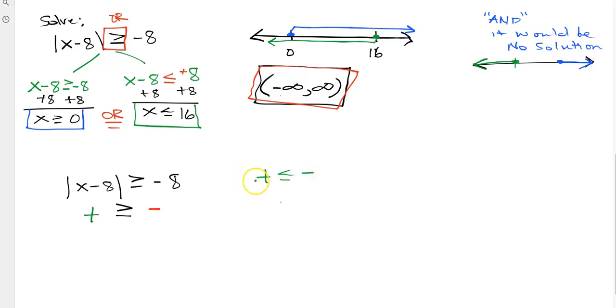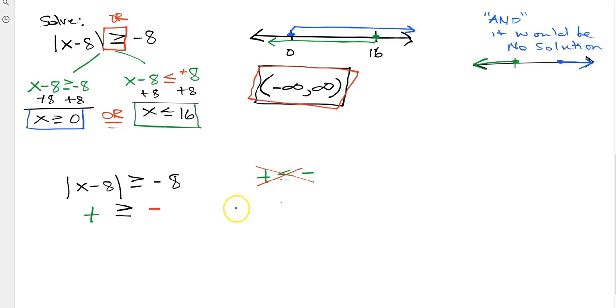Is a positive ever less than a negative? No. So that's when we'd have a no solution, when we had something like that. So if this sign was flipped the other way, then we'd have a no solution in that case.